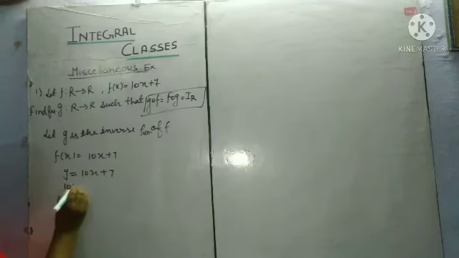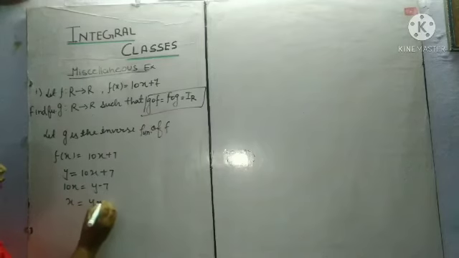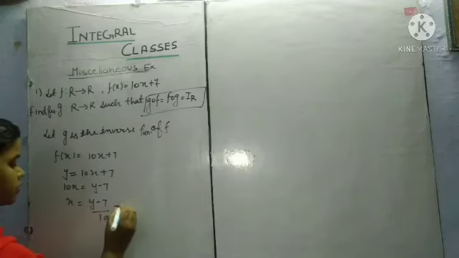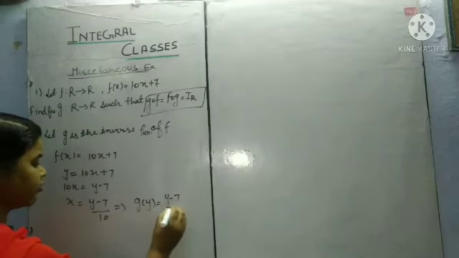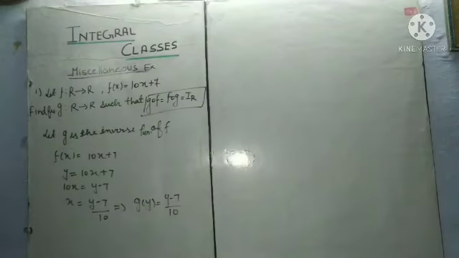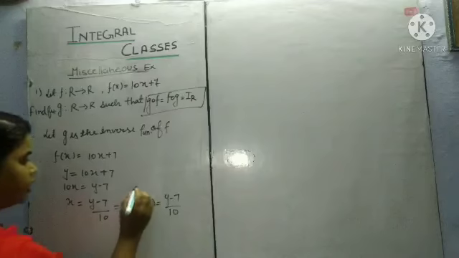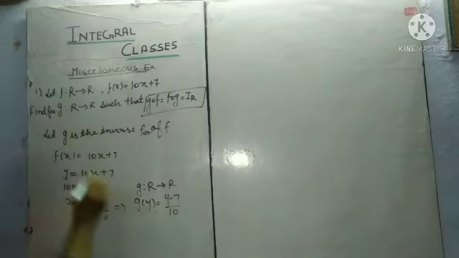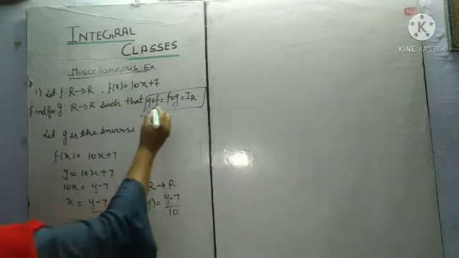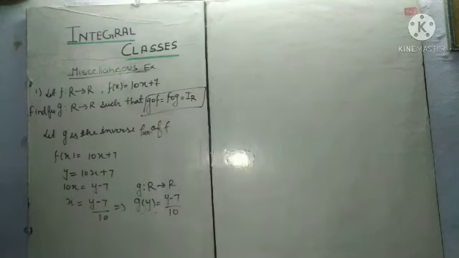Then 10x equals y minus 7, and x equals (y minus 7) upon 10, which is equal to g(y). It is defined from R to R, and it is the inverse of f. Now we will prove this condition g of f equals f of g equals IR.